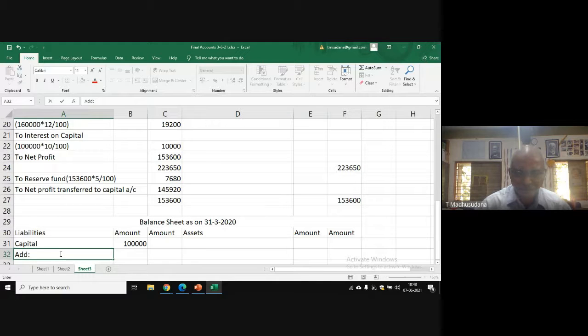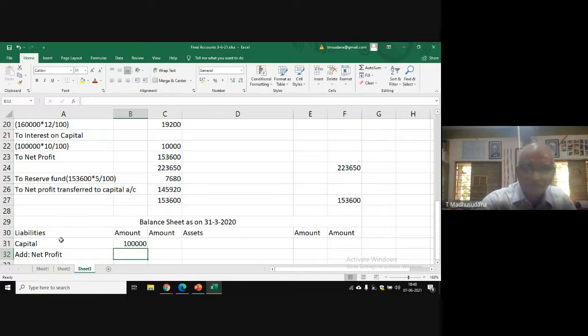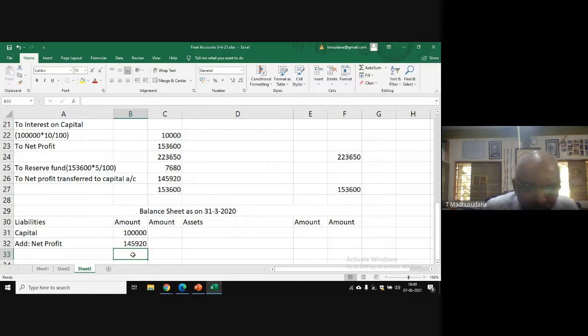Add net profit. Here, which net profit we have to add? We have to add this profit only. Whatever we have arrived after transferring reserve fund, this figure is to be added. Okay, that is 1,45,920. After adding, one more addition is there, that is interest on capital.